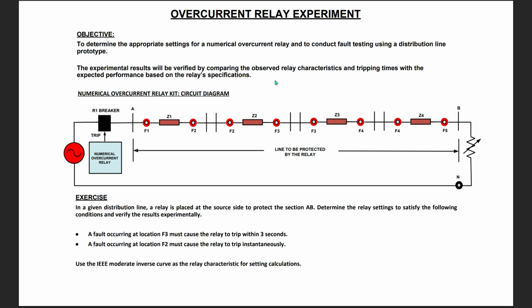In this experiment, the main objective is to determine the settings of a numerical overcurrent relay and to conduct fault testing using a distribution line prototype available in this kit. Overcurrent relays are often used in distribution lines, and when the current is greater than the pickup current of the relay, it trips after a predetermined time based on the equation, that is IEEE or IEC curve, whichever the relay follows.